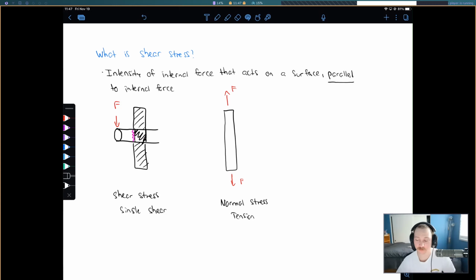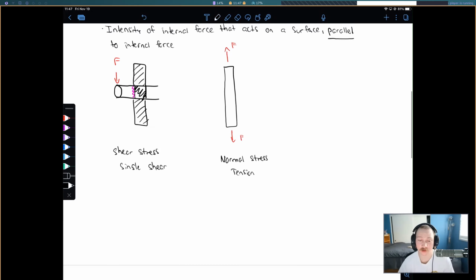So the formula for shear stress, let's write it out. Our shear stress is going to be denoted by tau. And then V is the shear force that we have, and A sub V is the cross-sectional area. I might say V, I might say F, I might say P, whatever.